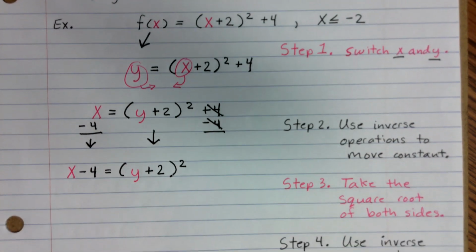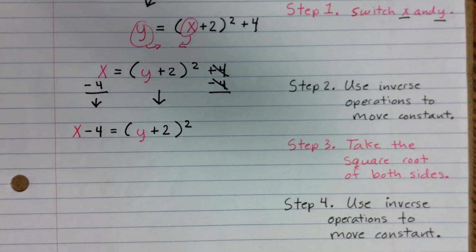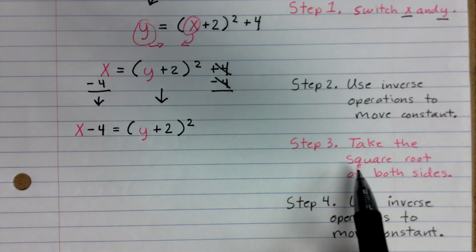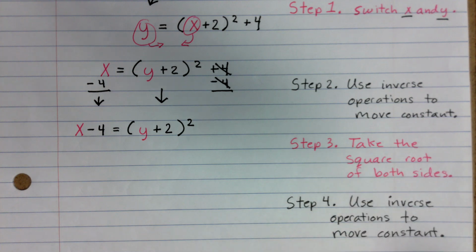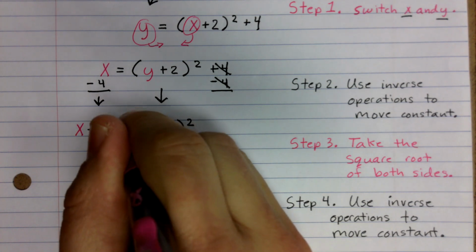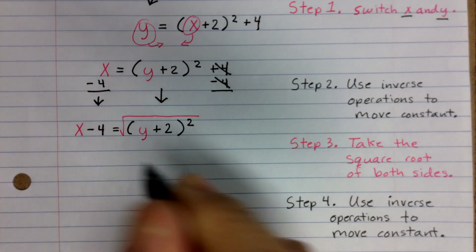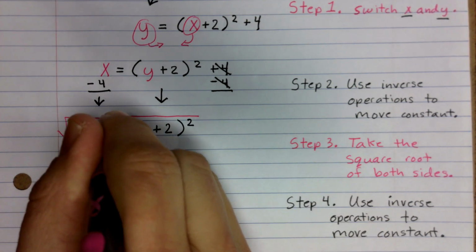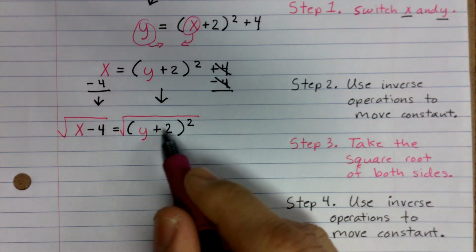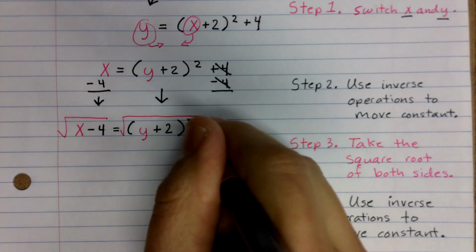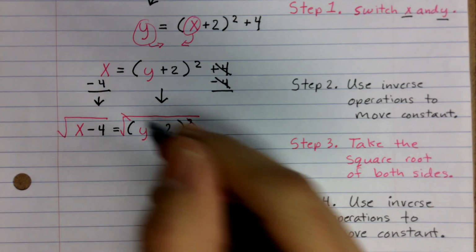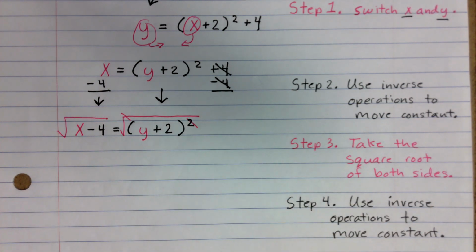And once I've gotten to this point, we're ready to move to step 3. Notice that step 3 says take the square root of both sides. So I'm going to write a square root right here, and I'm going to put one here as well. Now notice, anytime we take the square root of something that's squared, it simply gets rid of the square. So I can cross out that power of 2 and cross out my radical.